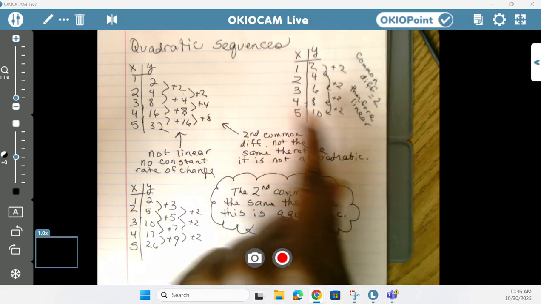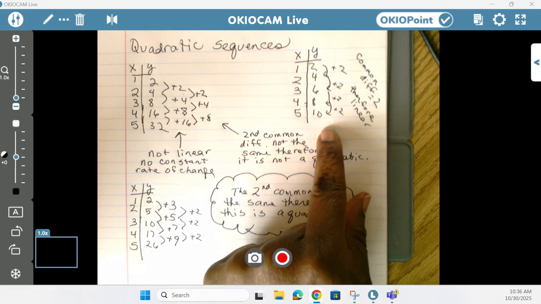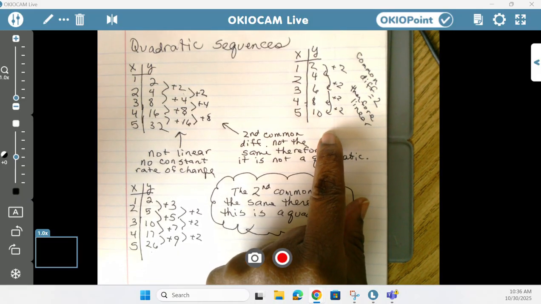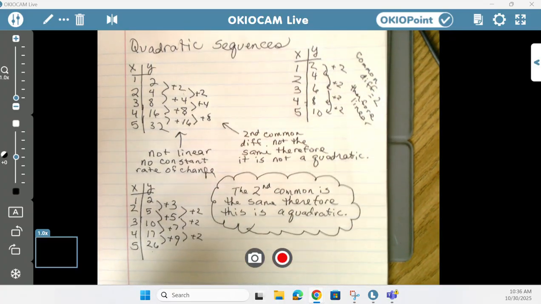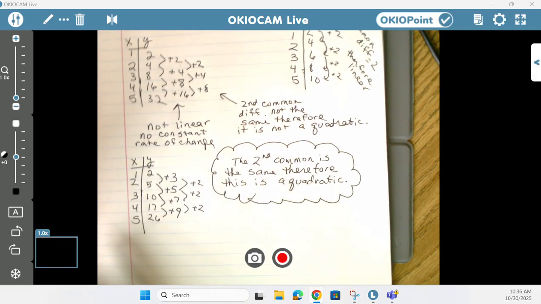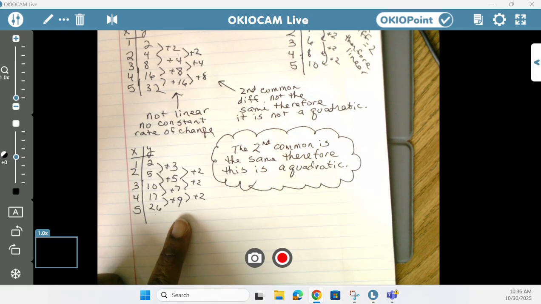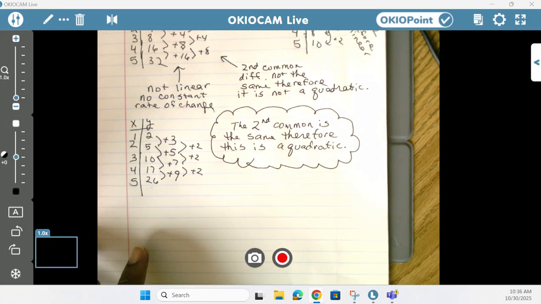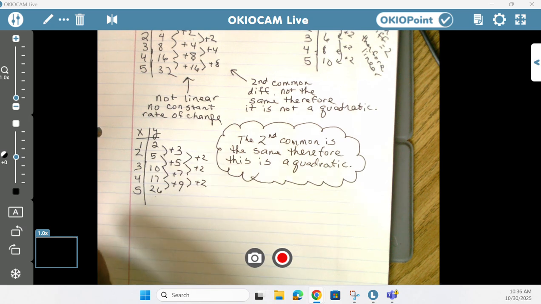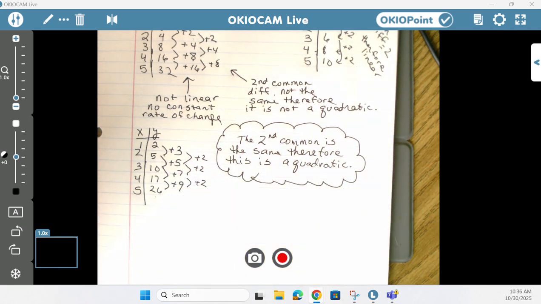The second function we looked at was 2, 4, 6, 8, 10, 12. That is a common difference of 2, therefore it is linear. The third one we looked at, the first common difference was not the same, therefore it is not linear. But the second common difference is the same, so we, in our expertise, are going to say, oh, it's a quadratic. Now we're going to go to Desmos and we're going to make the equation for the quadratic.